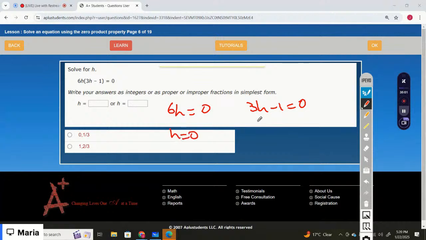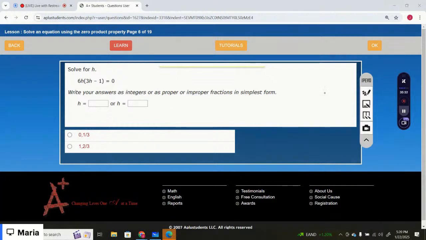That is H equals 0 and 3H equals 1, so H equals 1 by 3. That is 0 and 1 by 3. Option number 1 is the correct option.